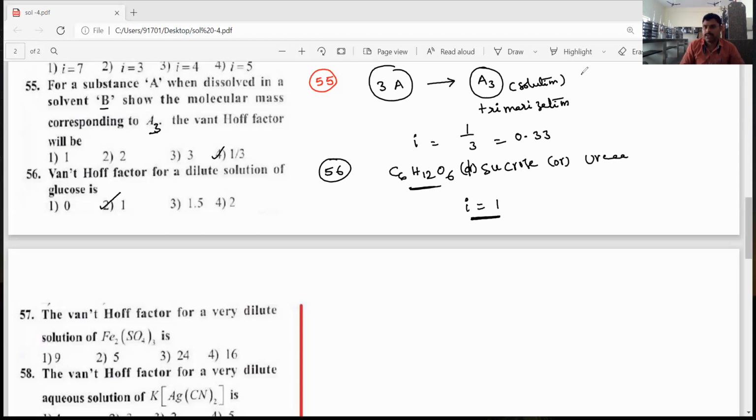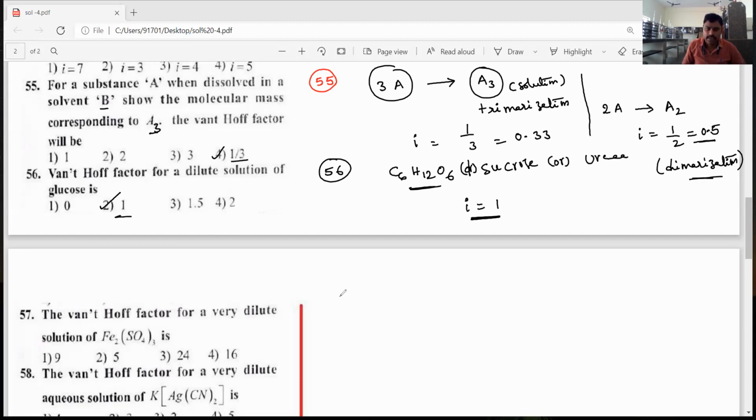In the same way, for example, if 2 A molecules are present and they dimerize, then A is converted into A2, then the Van 't Hoff factor value is equal to 1 by 2, which is 0.5. This is called dimerization of solute. So in the 55th trimerization question, i is equal to 1 by 3. For glucose, sucrose, urea, i is equal to 1, as there is no dissociation or association.